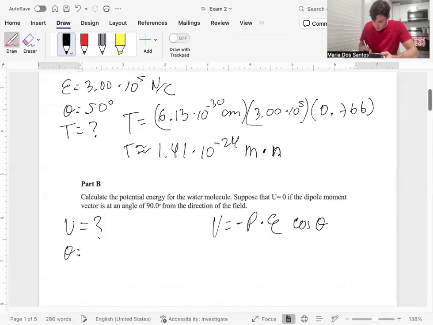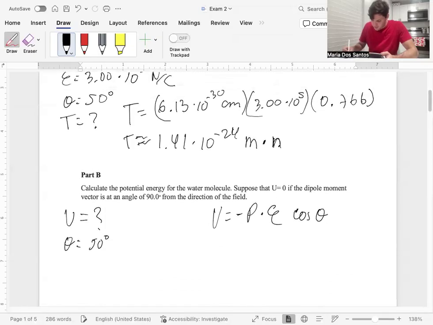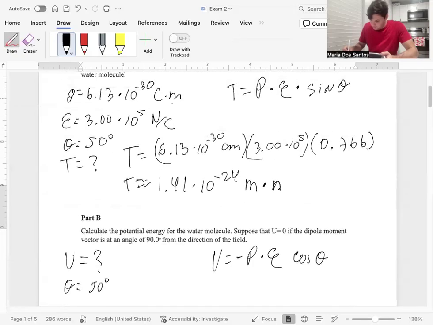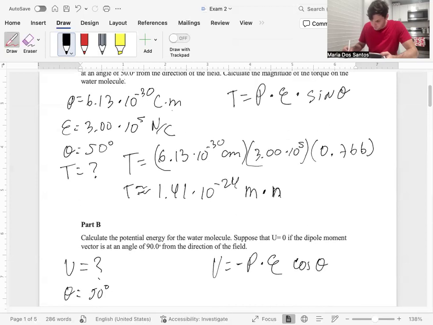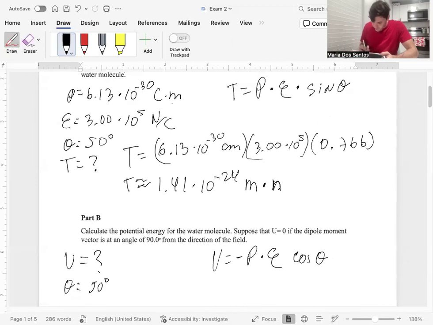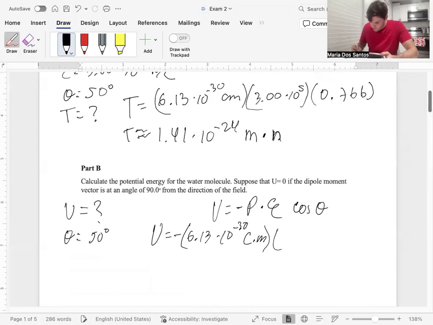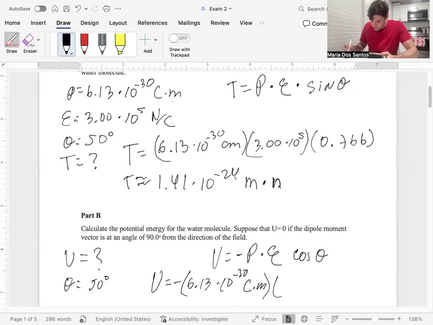The angle we know is 50 degrees. Dipole moment we know is 6.13. Electric field was also given to us.